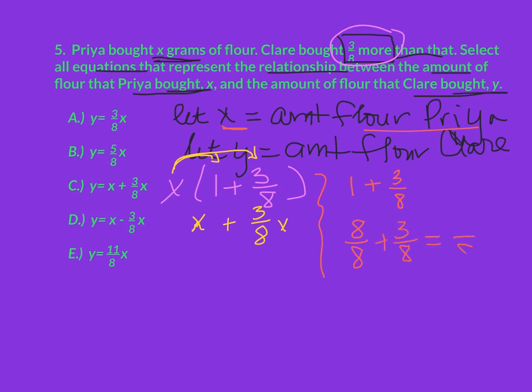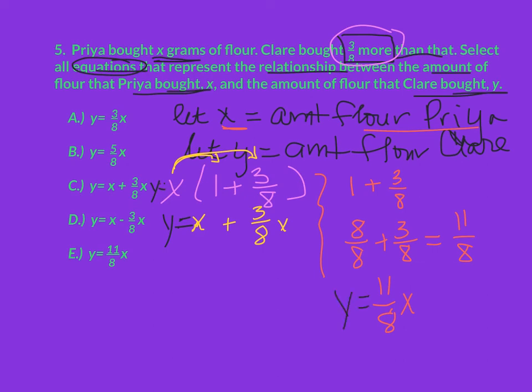When I'm adding, I keep those denominators the same. 8 plus 3 is 11. So that would be 11/8 of X, or 11/8 times X. Now, of course, we have to remember both of these have to be in equation form. It says here equations. And as you see, all of these are Y equals.